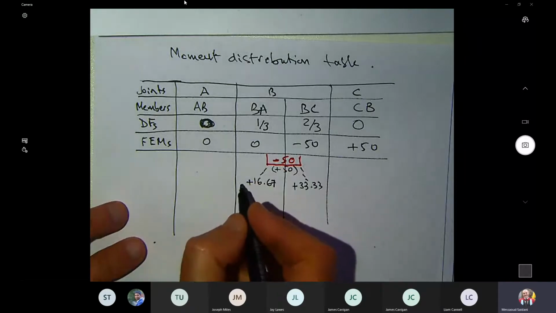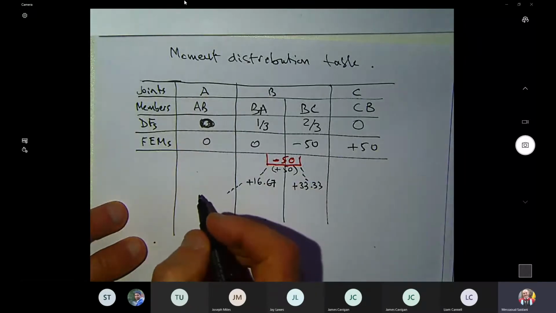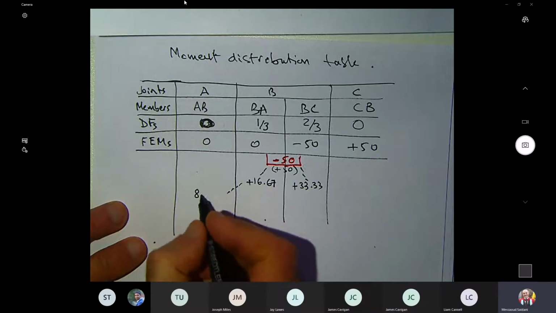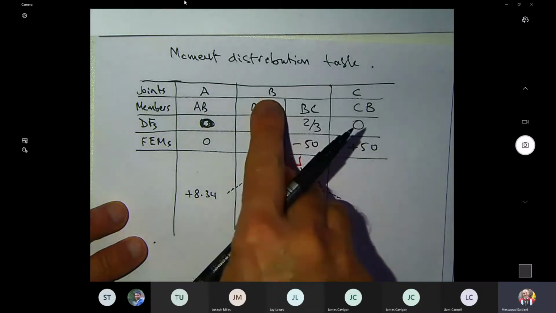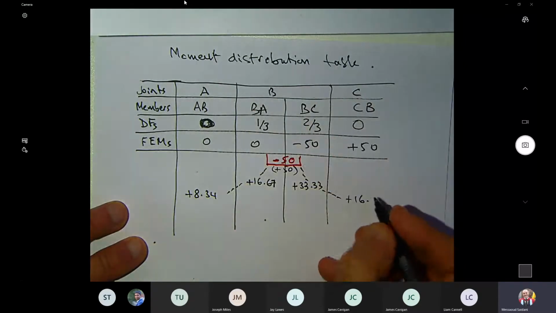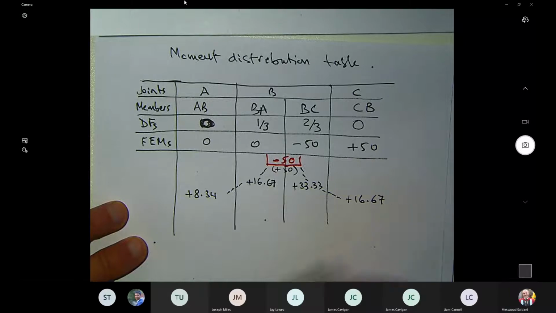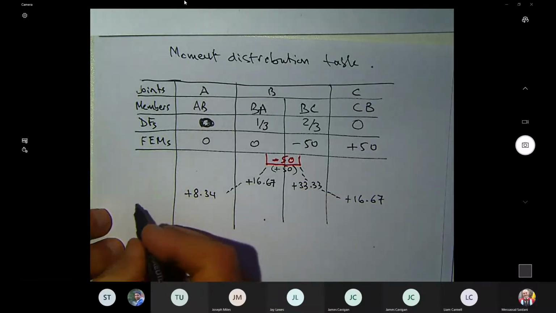So we carry over half from B to A, which is 8.34. And we carry over half from joint B to joint C, and that is 16.67.